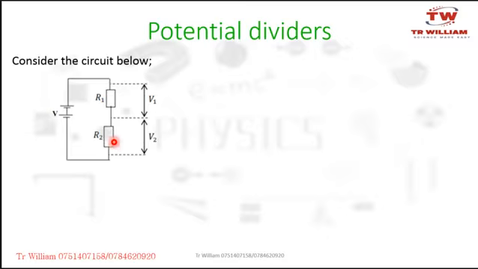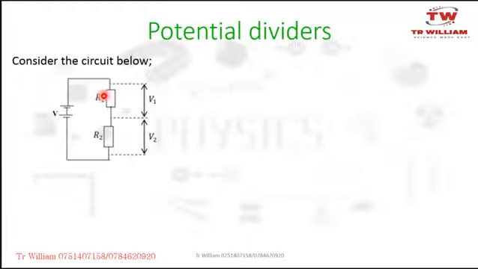Now if I ask you a quick one, these resistors are connected in which type? Which type of connection is this? Good. This is a series connection. Very good. Now under a series connection, what do you know about a series connection in terms of current? So you agree that current in a series connection is the same.